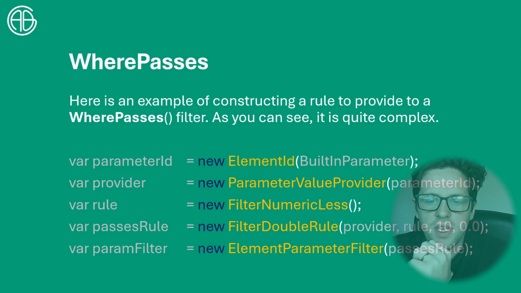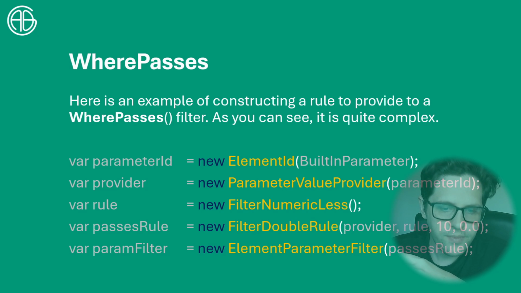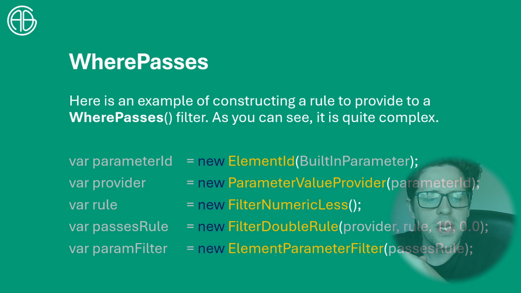In this case, from here, we then need to create a parameter value provider object, and its job is to take part in the final filter to actually provide that parameter as a condition, or as an argument. From there, we have to actually specify what type of rule we're using, and in this case, I'm using a filter numeric less, which means is the value a double and is it less than a given value?